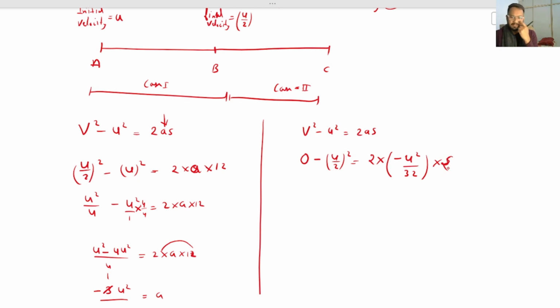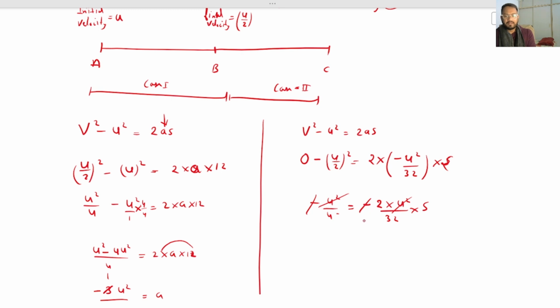s we need to find in the second case, right? So we'll solve it: minus u square by 4 is equal to minus 2 into u square by 32 into s. Now you can cancel minus minus, then u square and u square also cancel.